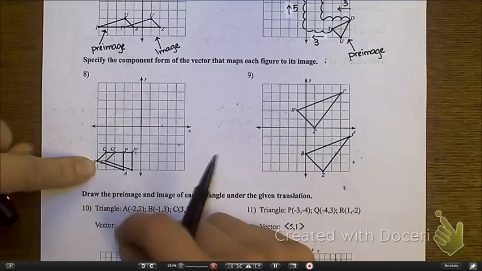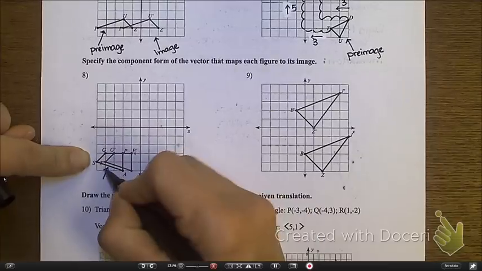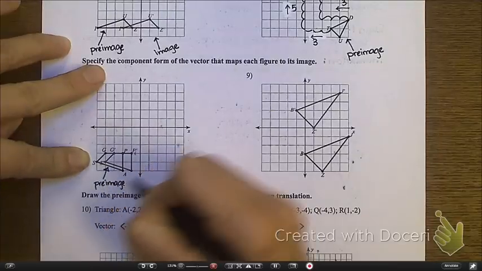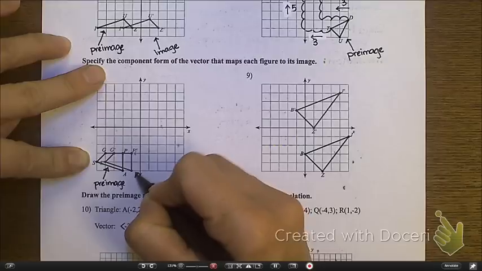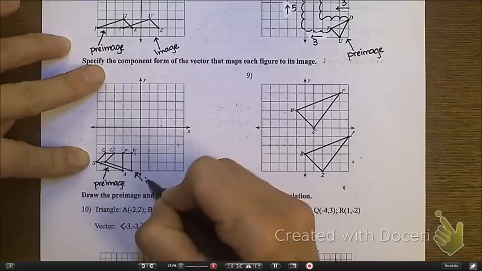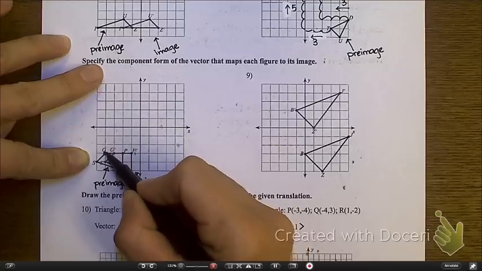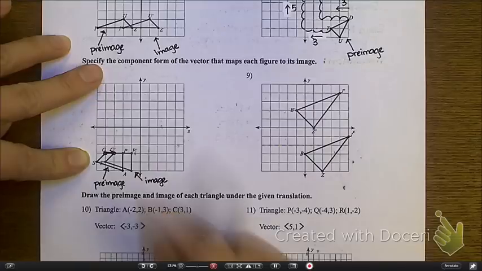You have the pre-image, and then you also have here the image. The pre-image is the before, this is the after. Now, to get from G to G prime, all I had to do was move right 1 space.